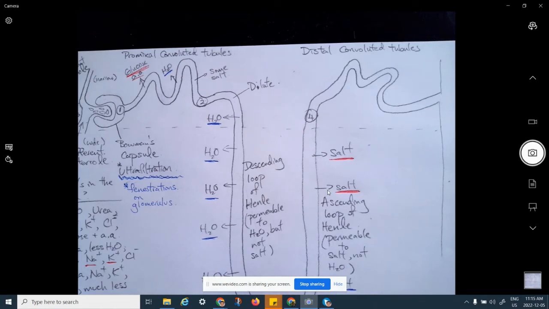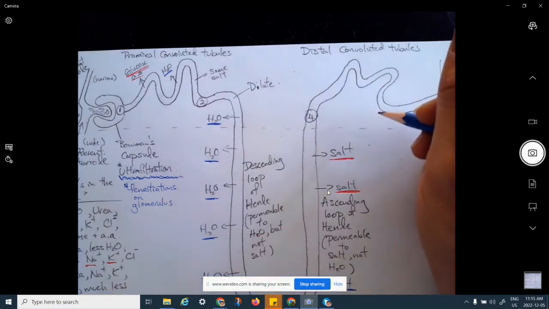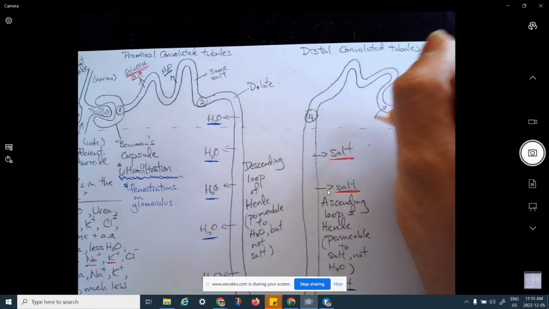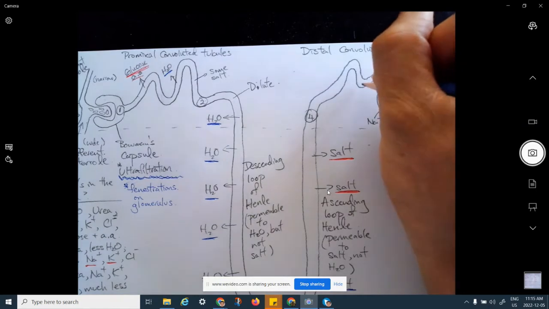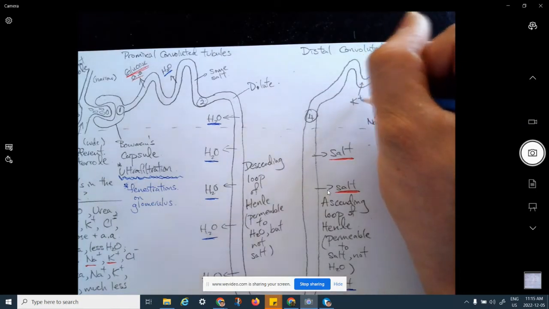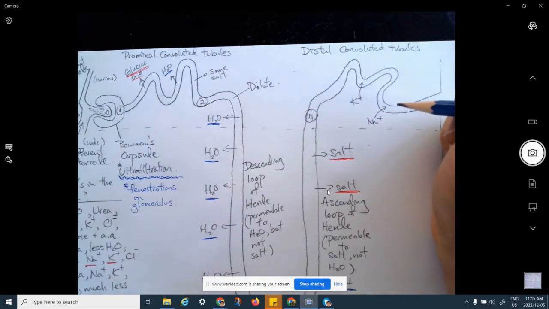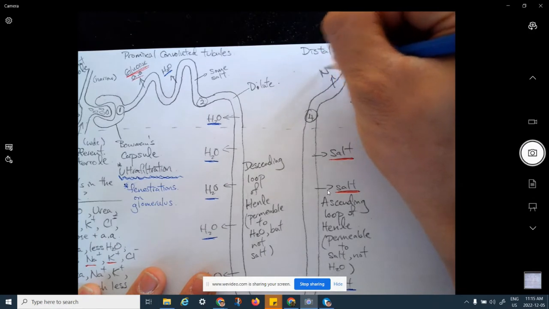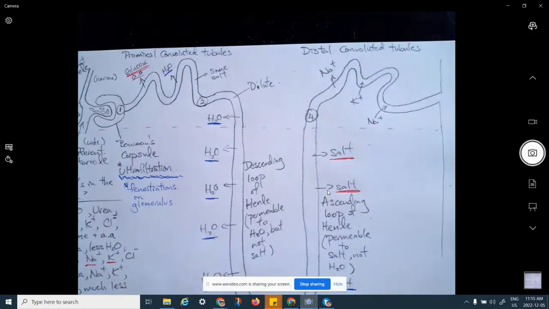And at this point here, this is the weird part because sodium and potassium will be pumped in. Okay? Sodium and potassium will be pumped in, but at the same time, sodium will also get pumped out. Now, how much does it pump in? How much does it pump out? That again really depends.